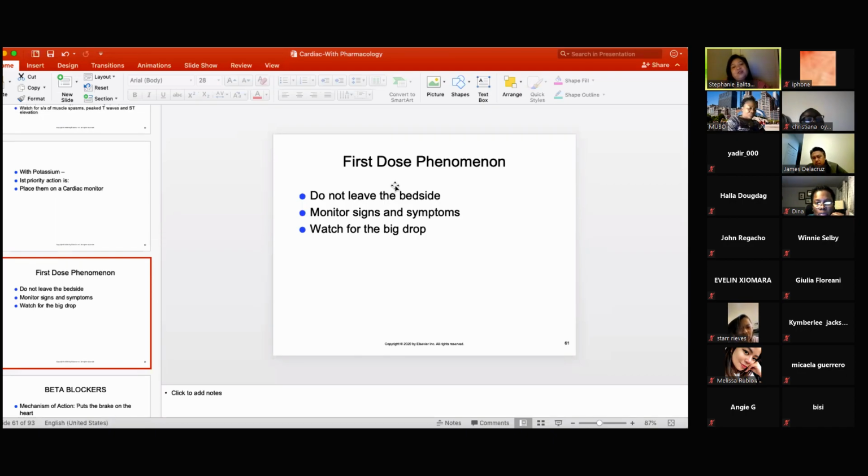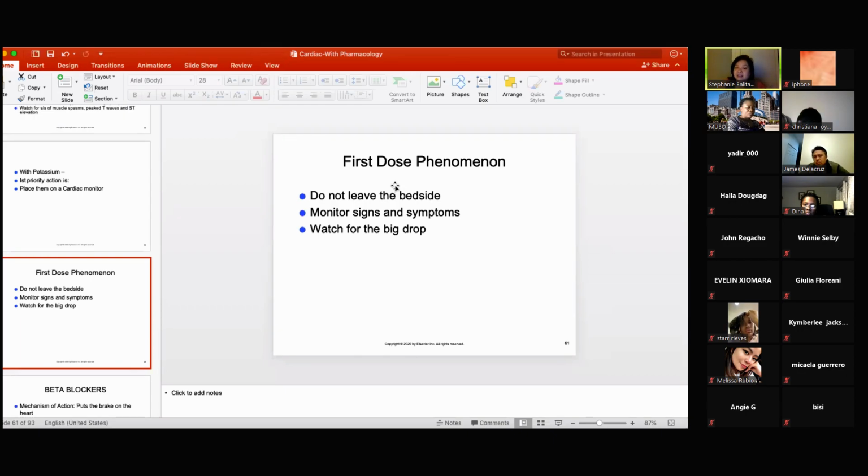So you're trying to watch for the big drop. You don't want the drop to happen so suddenly. You want a gradual drop in blood pressure. Whatever it is, they're telling you do not leave the bedside if this is the patient's first dose.